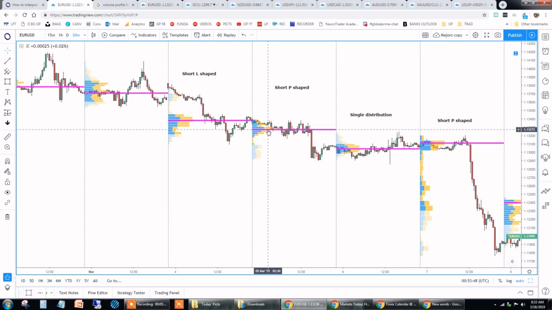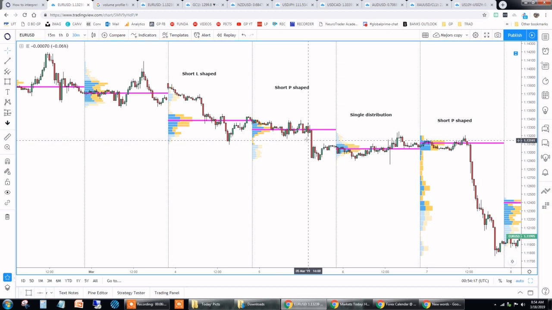Now before I take this video further, I want to emphasize that in my article I was emphasizing that there are three different major components as part of the volume profile: point of control, high volume nodes, and value areas. What we're going to be most interested in this video is analyzing the point of control.